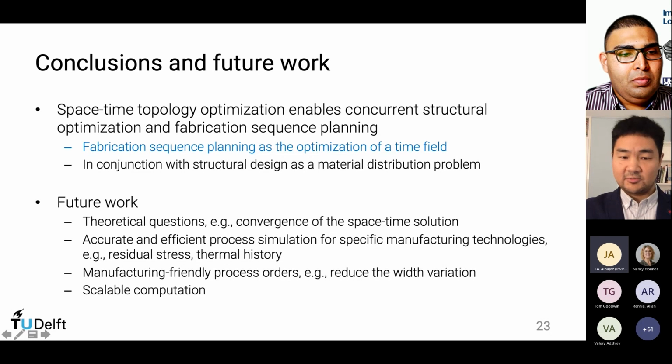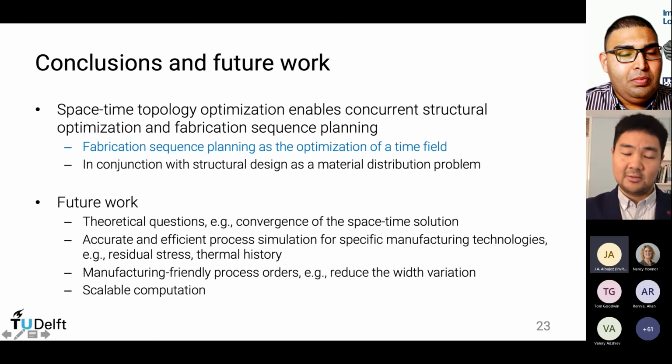The second, which is very important, is to develop accurate and efficient process simulation for specific manufacturing technologies in order to minimize residual stress and thermal history, and material properties related to thermal history. We also want to have a process order that is manufacturing friendly.